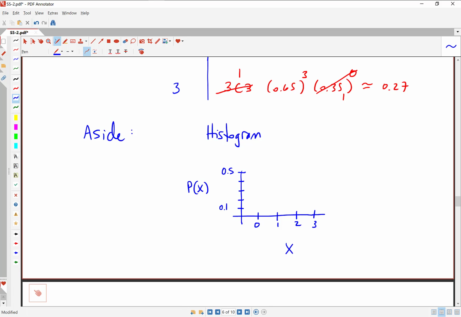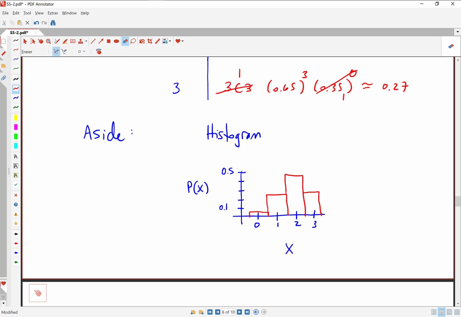We're going to draw some bars centered over each of these x values. We said the probability of the player making 0 successful shots was 4%. Probability that x equals 1, 24%. So about there. And then 44%. And then 27%, just slightly higher than what we had for this bar here.